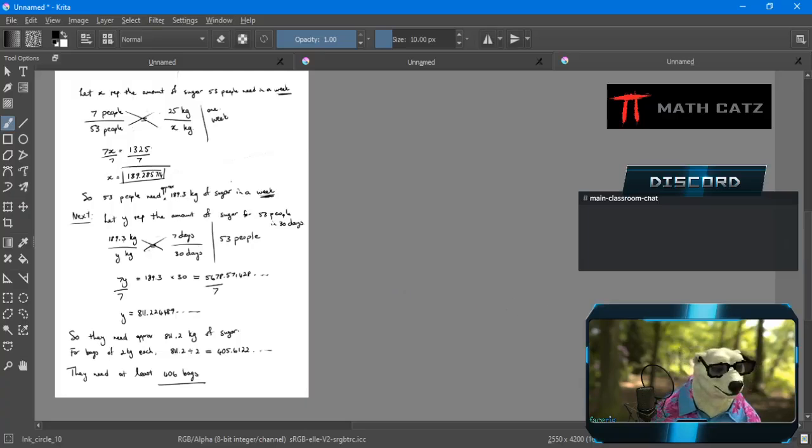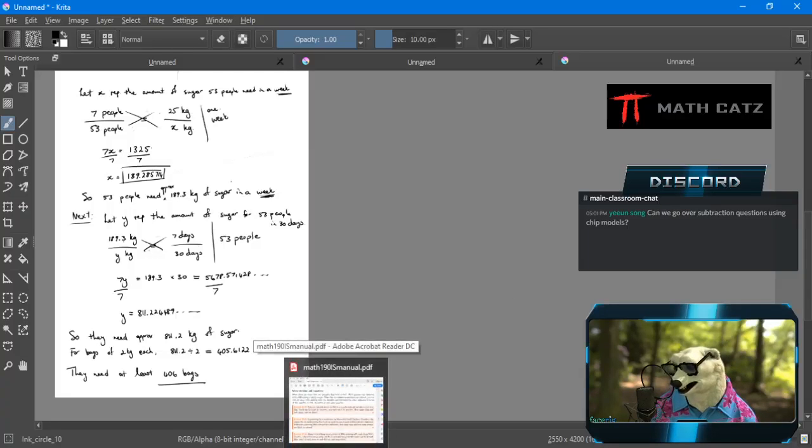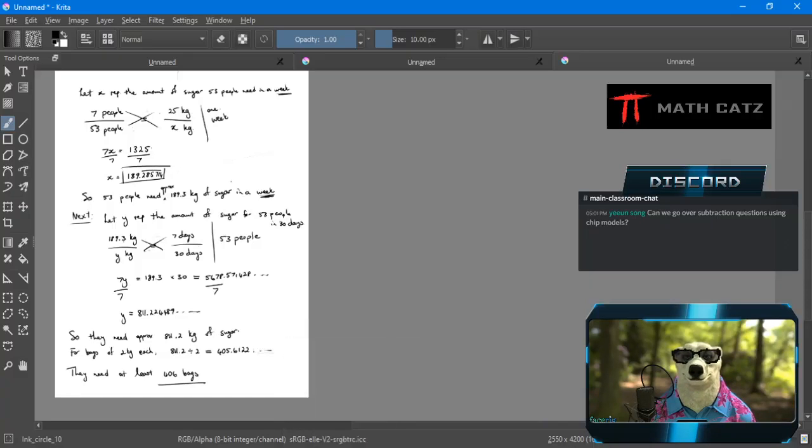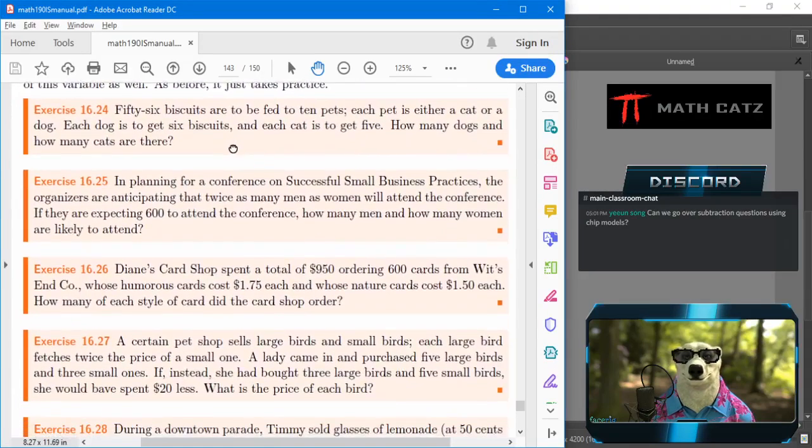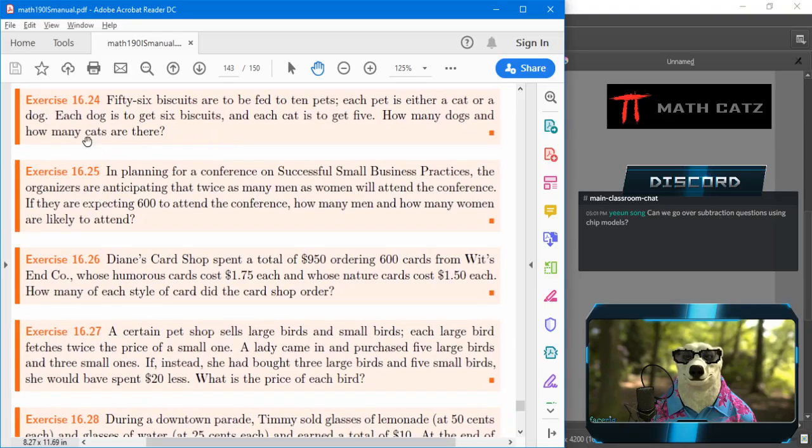I guess, could you go over the general method? I'm still a bit confused about where to put variables and how to make the equations, I guess. Yeah, I think one of the last ones, exercise 16.24, is general. It's not a specific kind of equation. It's really just emphasizing the translation.